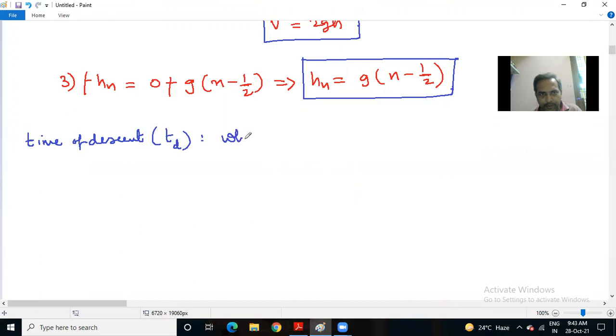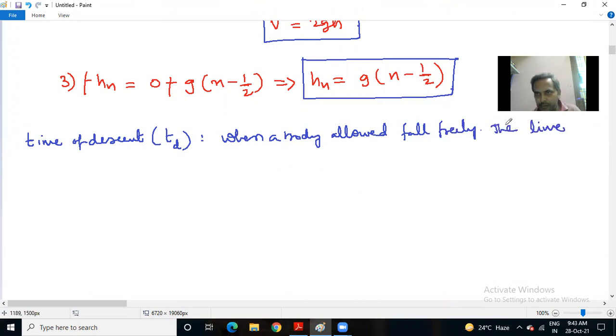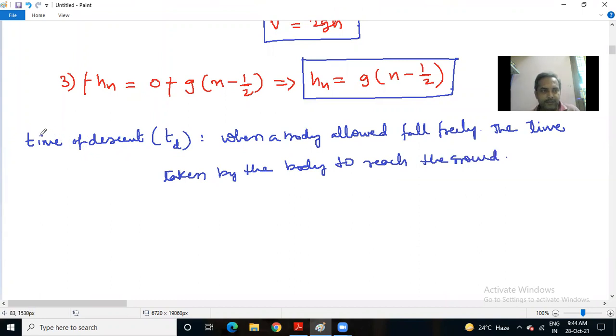So when a body is allowed to fall freely, the time taken by the body to reach ground is called as time of descent.